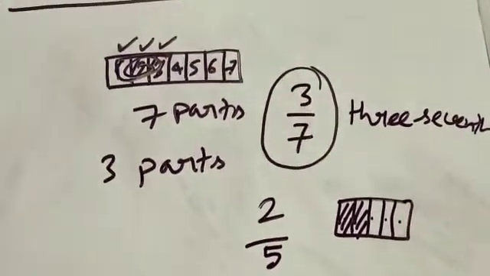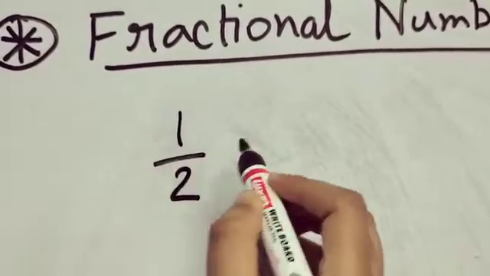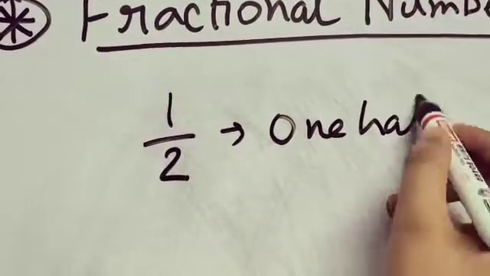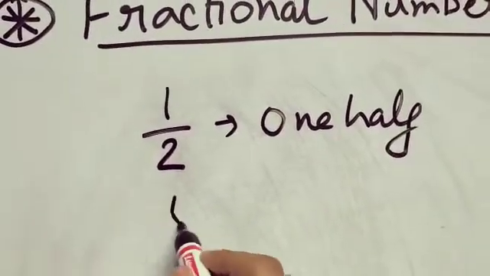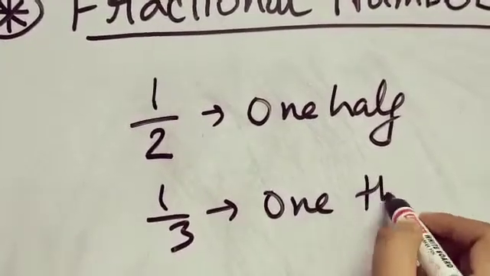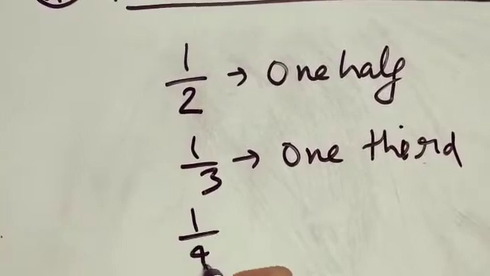Okay, so let's continue. I am writing some examples of fractional number. This is 1 by 2. This is called 1/2. Okay. 1 by 3. This is called 1/3. Okay. 1 by 4.